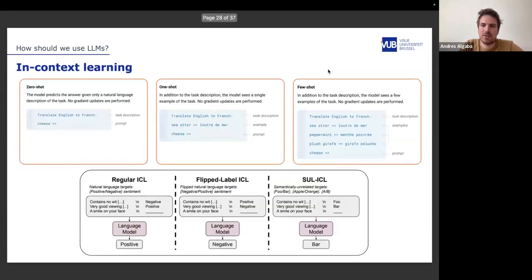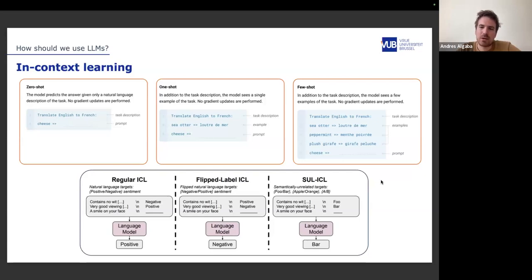So maybe to go back to this example. Here the semantically unrelated targets, ICL, in-context learning. I say contains no width is foo and very good viewing is bar. And now I ask the model, what is a smile on your face? Now, the model has to assign probably either foo or bar, but it has to search for the commonality between the different sentences.